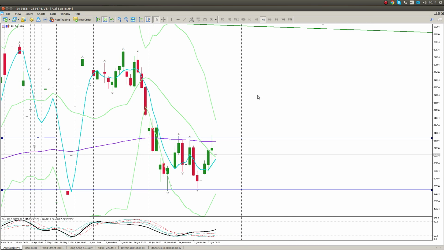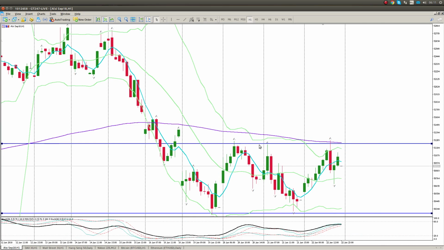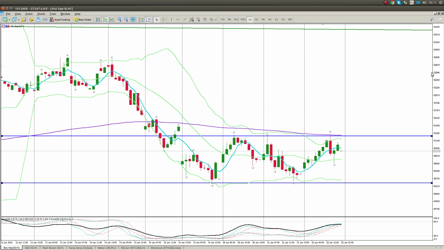We also have a potential double bottom here, but with these rejection bars here, I'm not convinced that that's going to play out either. So for now, this is a range, it's a consolidation phase. Whether we're going to break to the upside or the downside is the question that we need to ask ourselves, but for now we trade the range. So short the top, long the bottom.